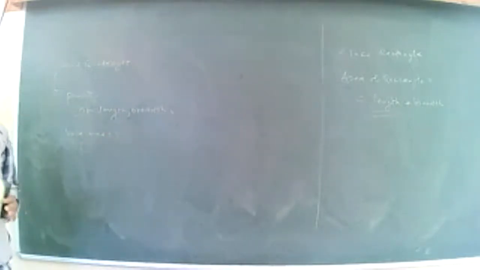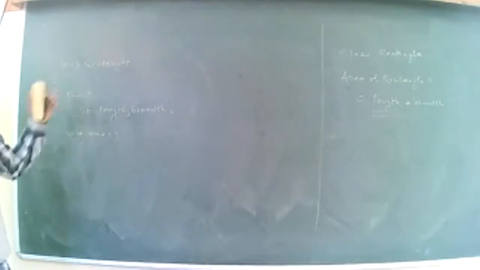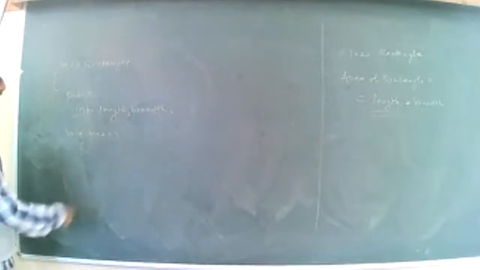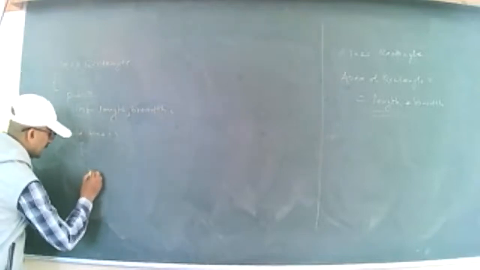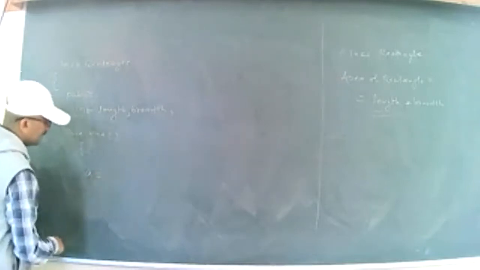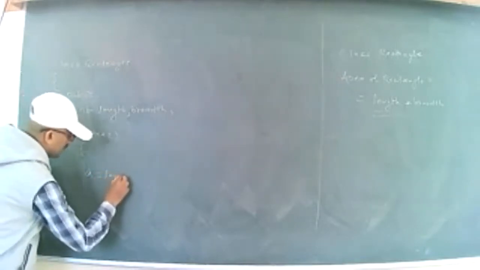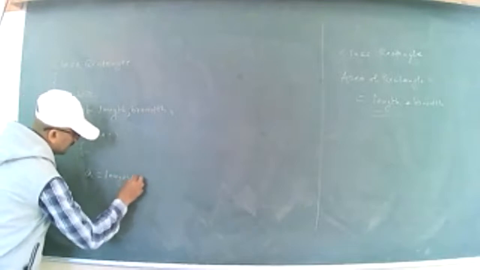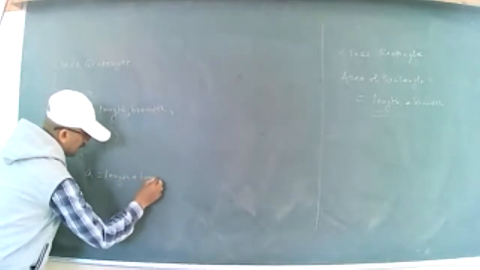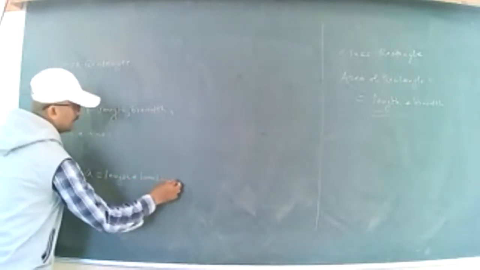With the help of this void area, we are going to calculate the area for our rectangle. We know that the area is equal to length multiplied by breadth.